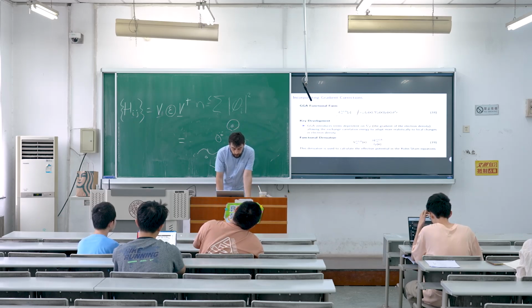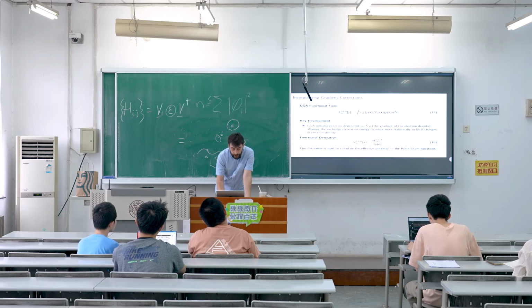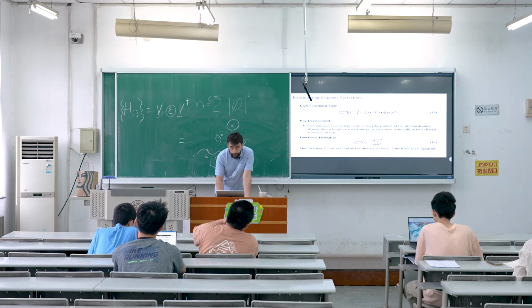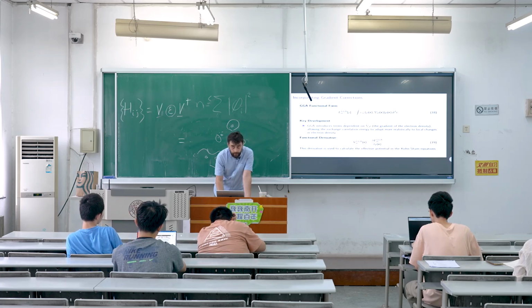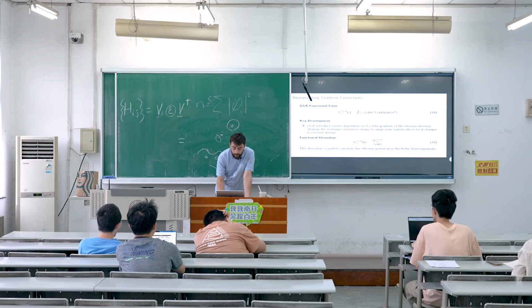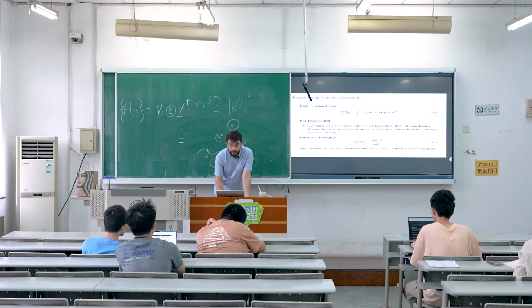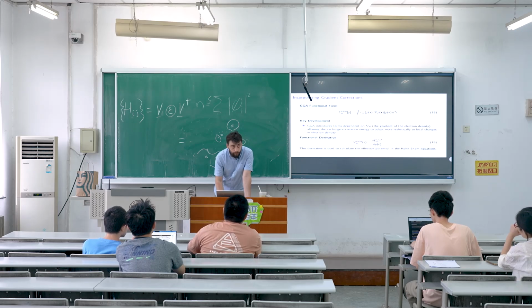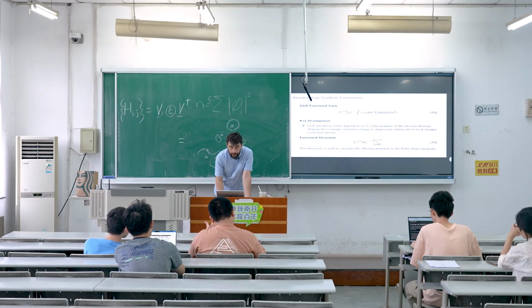What you can see on a high level, this is not the actual expression of a GGA, but it's the sort of high level expression of what's needed to be able to calculate a GGA. The energy density doesn't just include the electron density, but also the derivative of the electron density.